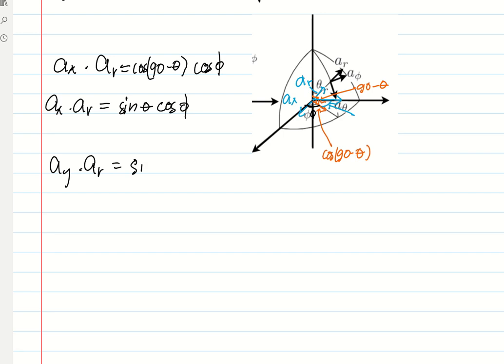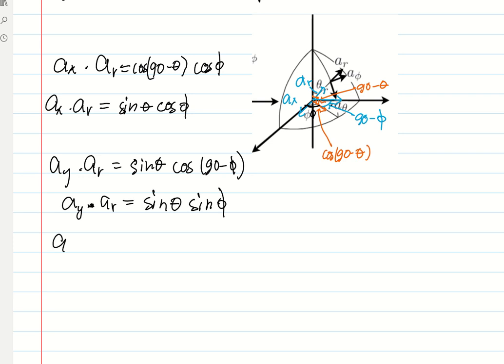So this is the sine of theta. Then that cosine will be this angle here. What is this angle? This is 90 minus phi. So you just multiply this with the cosine of that angle, 90 minus phi. But what is cosine of 90 minus phi? That is just equal to sine phi. So this is sine theta sine phi.